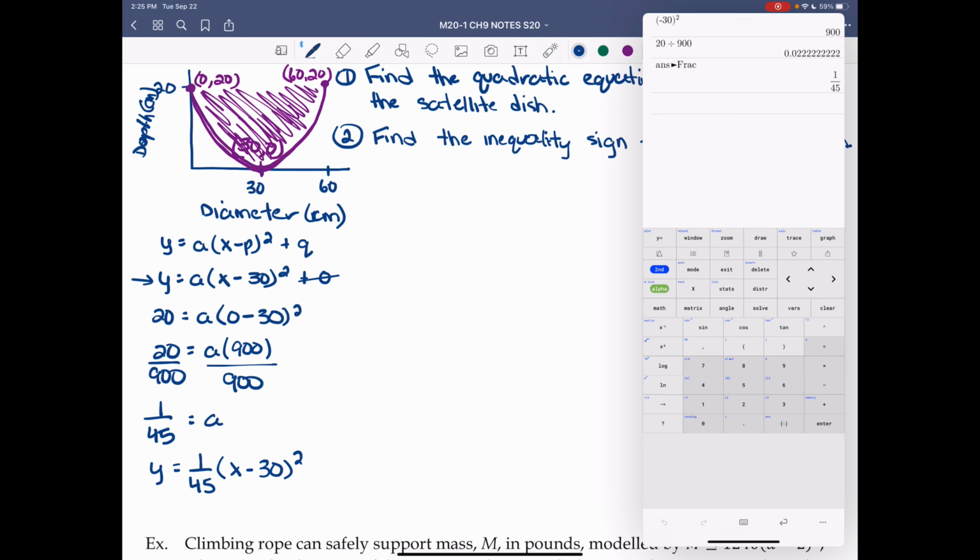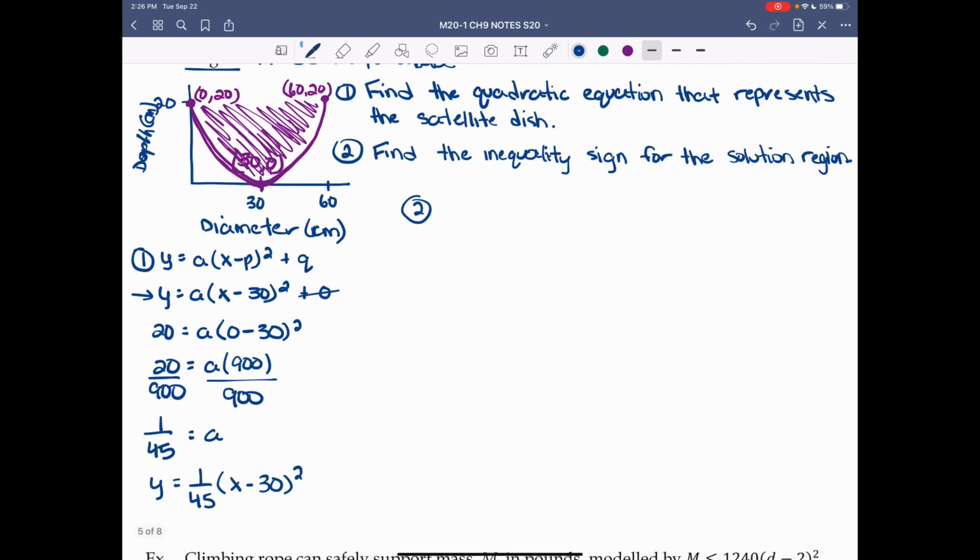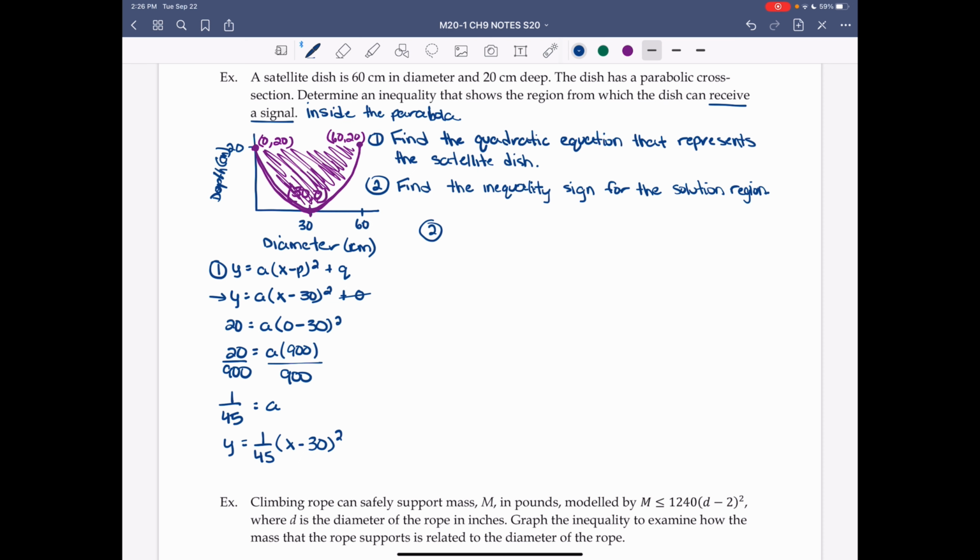So that was part 1. Now we want to do part 2. We already know what our solution region is. We know that it's inside our parabola or inside our satellite dish.